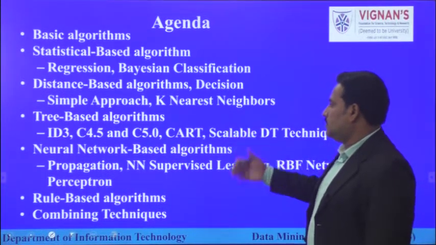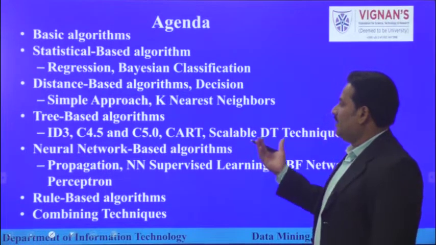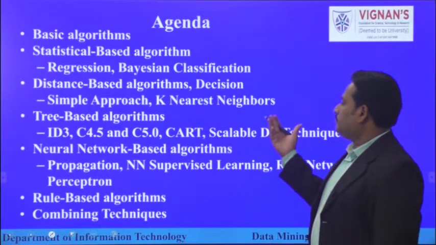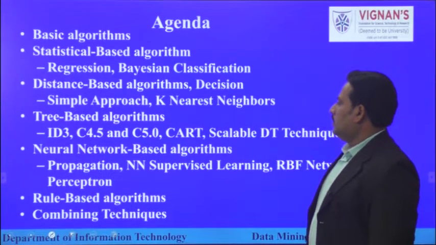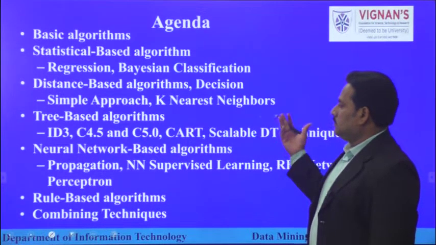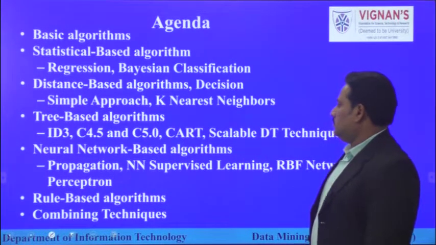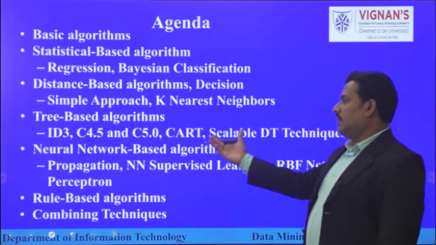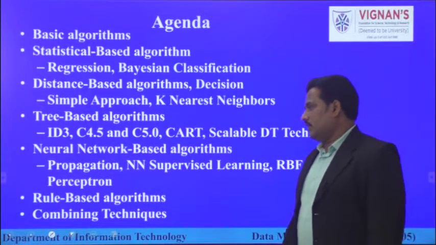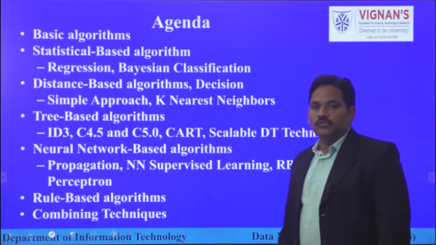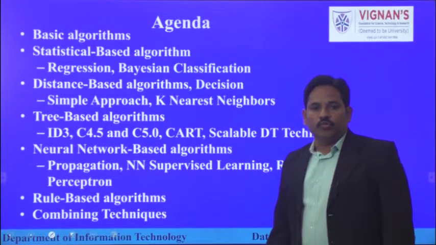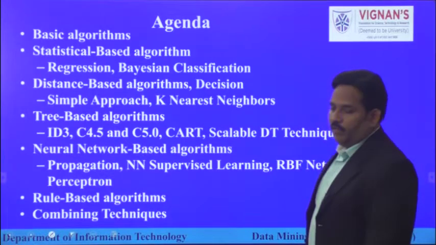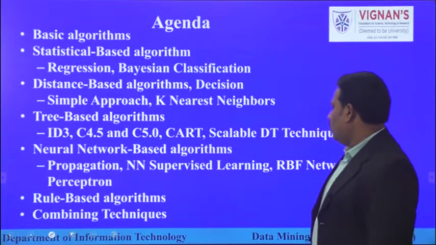When it comes to the distance-based algorithm, that is based on similarity, we can apply algorithms like simple k-nearest neighbor algorithms. When it comes to the architectural and data storage aspects, tree-based algorithms will use ID3, C4.5, C5.0, CART algorithms.